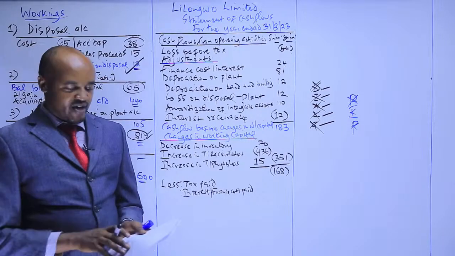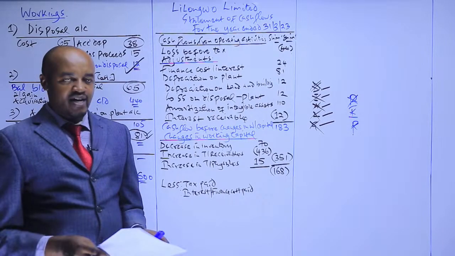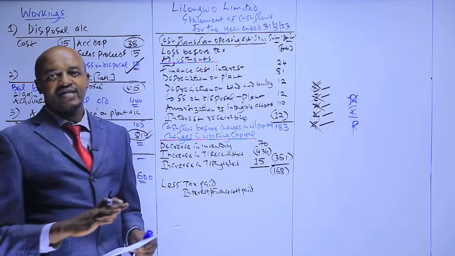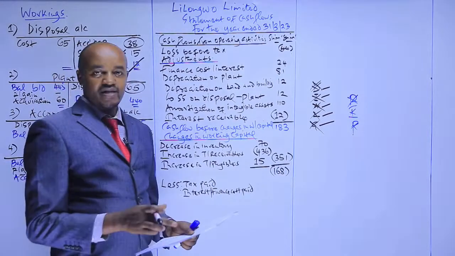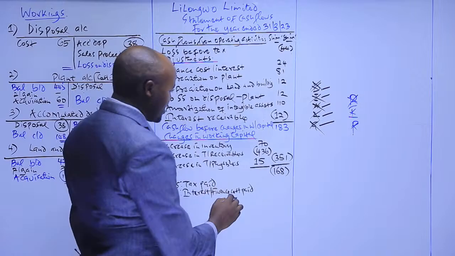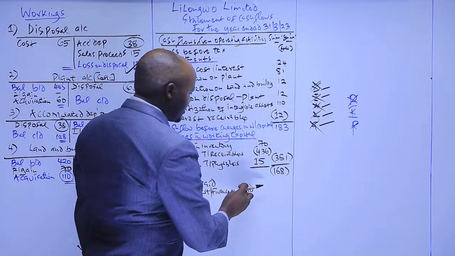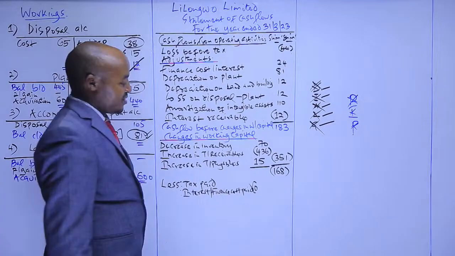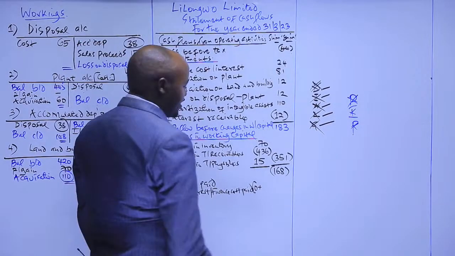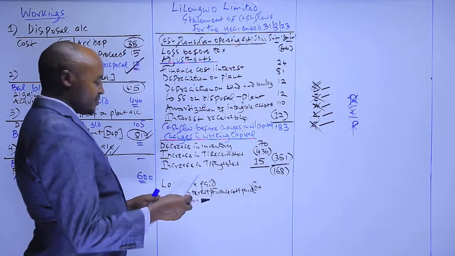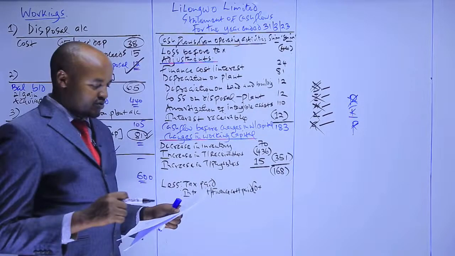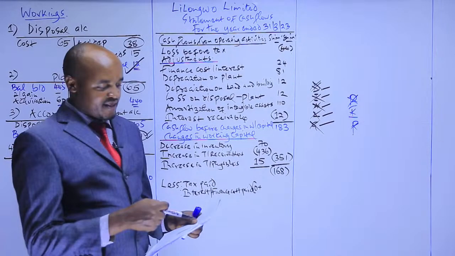And then you go to where we have current liabilities in your statement of financial position and check, was there any accrued interest at the start and also at the end? In current liabilities, we don't have such. But if you had accrued interest at the start, you take the accrued interest at the start, which we don't have, then add the finance cost in the income statement in note number 4, which is 24. But we also have to remember we are given a breakdown for that finance cost down there.